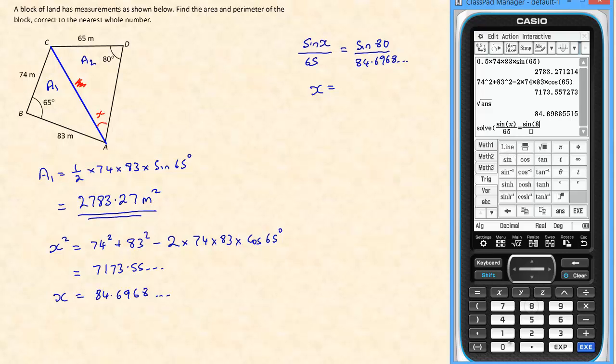And we know that we're in a triangle, so we can solve for x between 0 and 180.